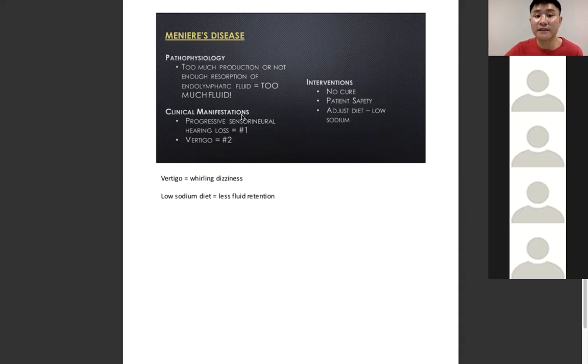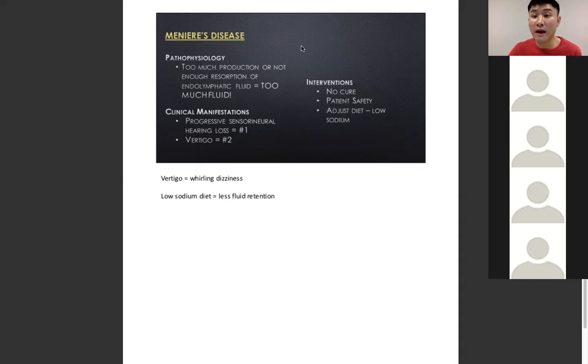Clinical manifestations of Meniere's disease are progressive sensorineural hearing loss and vertigo. Vertigo is like dizziness, whirling. There is no cure for Meniere's disease. The key is patient safety, and we have to teach the patient to adjust their diet to low sodium. That's really important to teach. Why? Because water follows sodium.